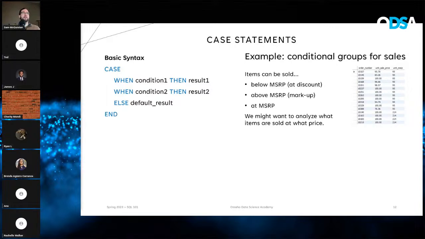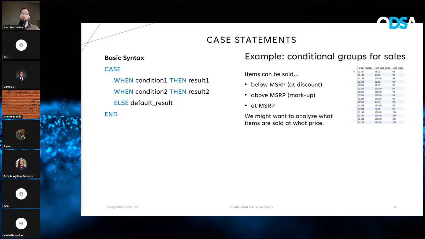In this case, you would write a case statement as case when condition, then results, else default, end as case statement name. That's just an example of how you'd be able to name, or what's called aliasing, a particular column. So an example, let's talk about conditional groups for sales.